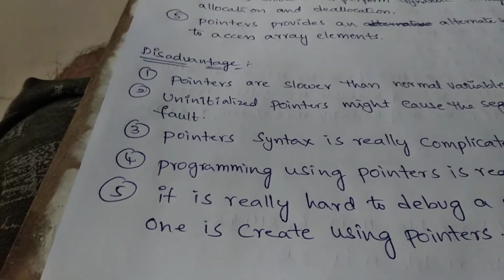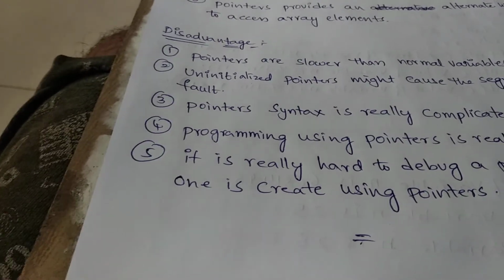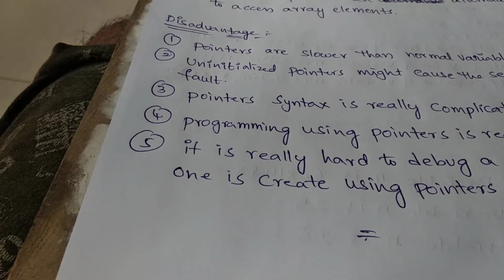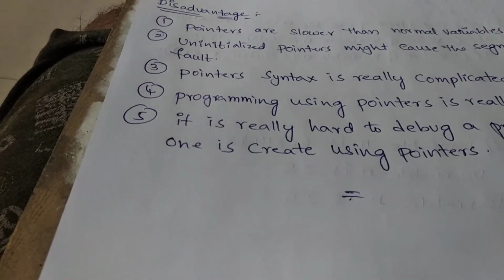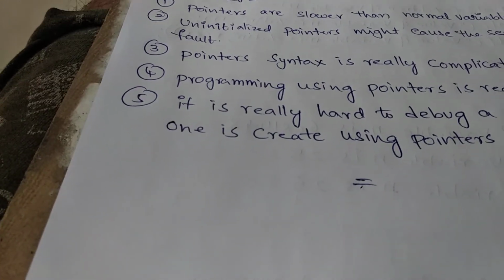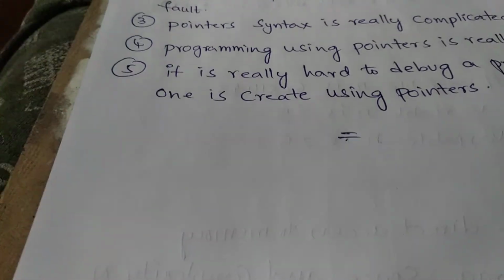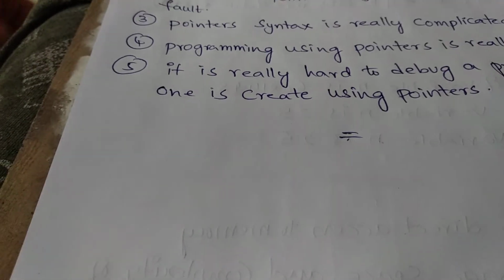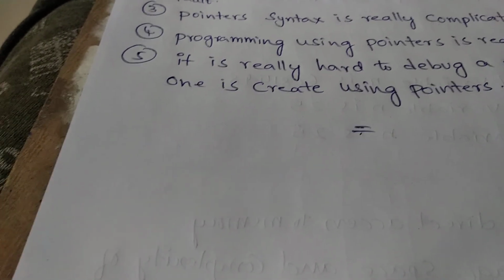It may be slower than normal variable access. Next, the syntax of pointers is really complicated, so it is a little bit complicated to understand. And if you find any error, it is really hard to rectify it while debugging the program.